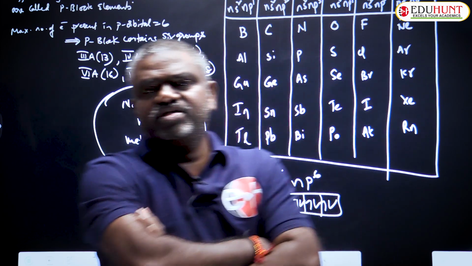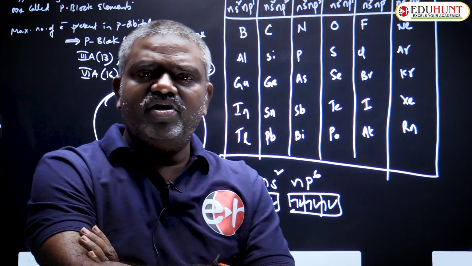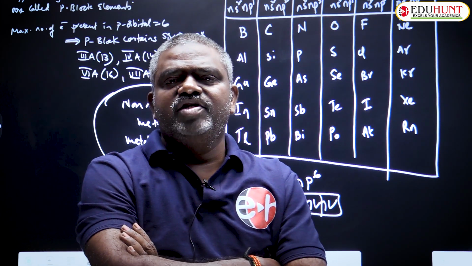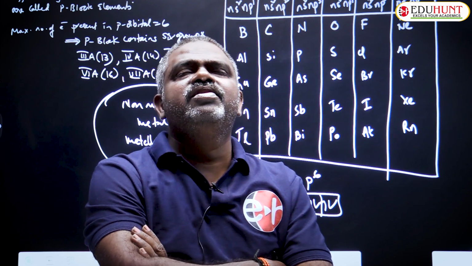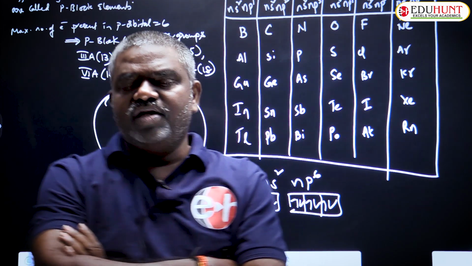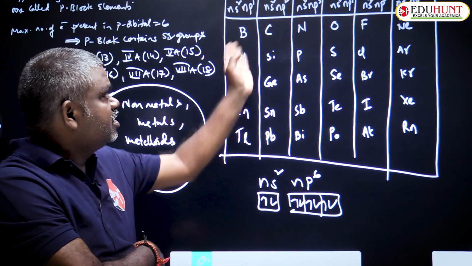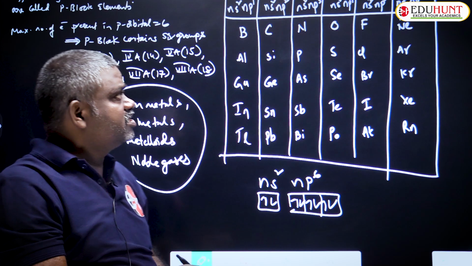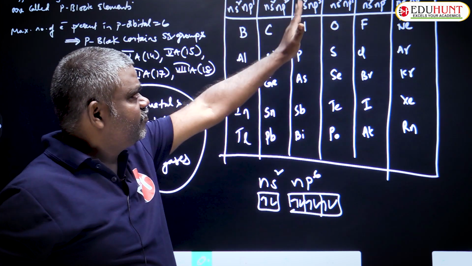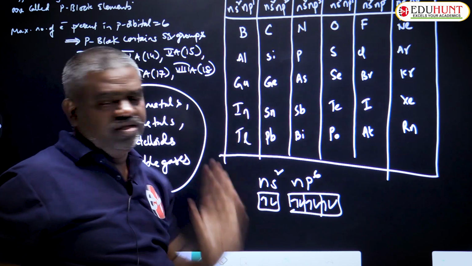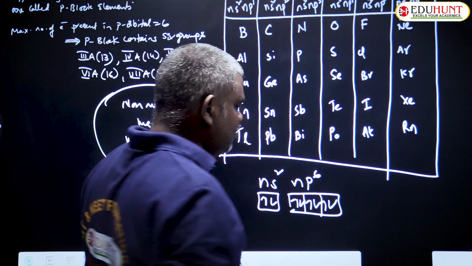The maximum number of electrons in the p subshell is 6, hence it contains 6 groups, already explained: 3A, 4A, 5A, 6A, 7A and 8A. They are also known as 13th group, 14th group, 15th group, 16th group, 17th group, 18th group. This is about p block completed.